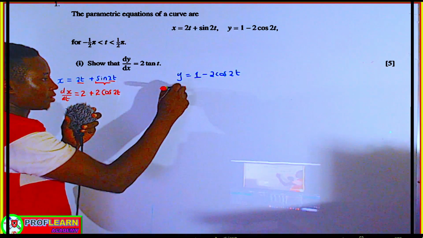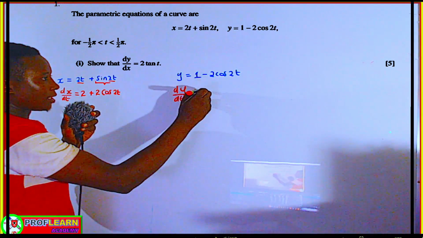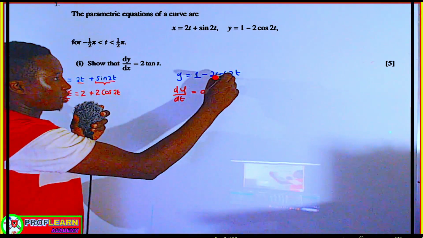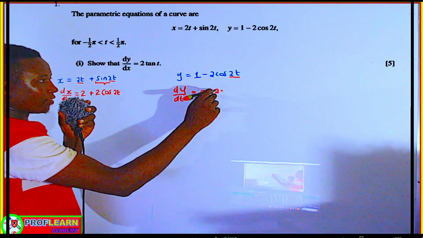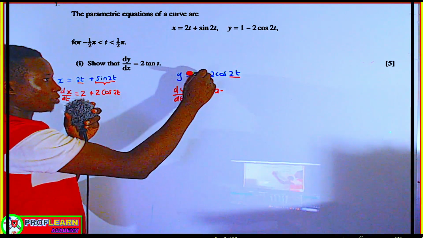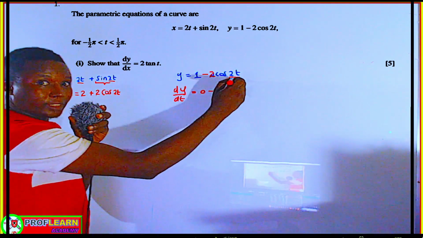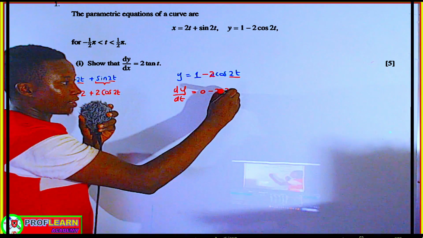Then we need also to differentiate y with respect to t, and that's going to be: differentiating a constant, we get 0, and then minus 2. Now differentiating cos 2t, first we need to differentiate the 2 that is there. So the 2 I've written here is this 2 that we have at the beginning, and then we now differentiate this 2t, and differentiating 2t we are going to get 2.